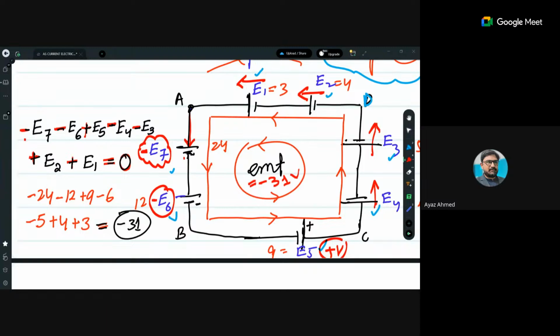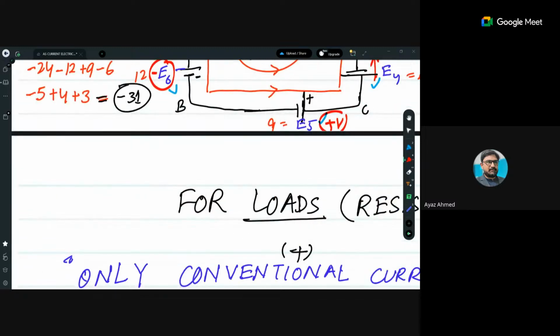It means the overall impact. This is very, very important. I want to make it clear to you: what if it would be positive 31, and what if it is negative 31? Positive 31 means that in the direction you have selected, the batteries are leading the charges to move in the same direction.